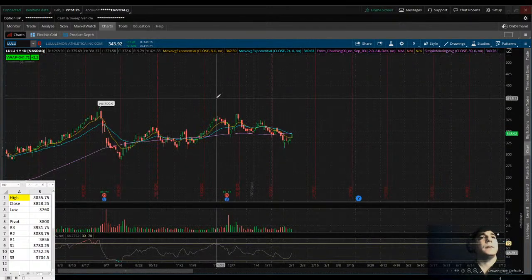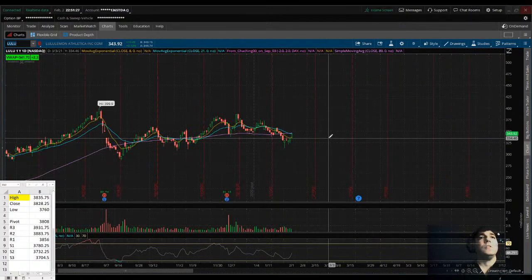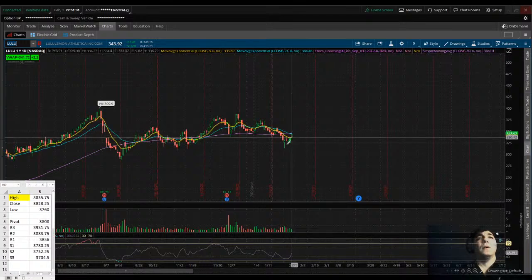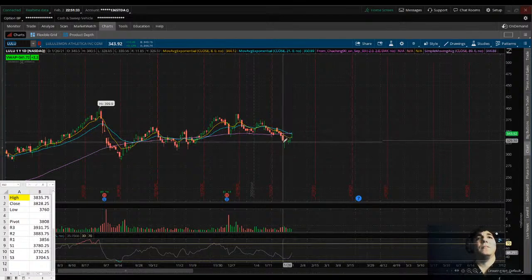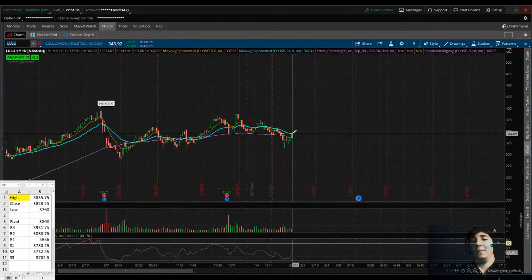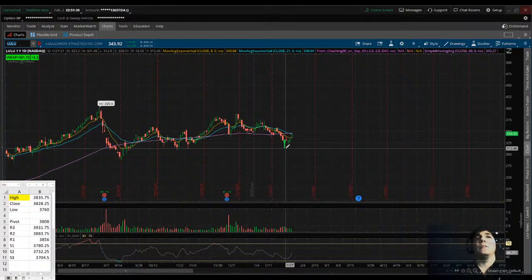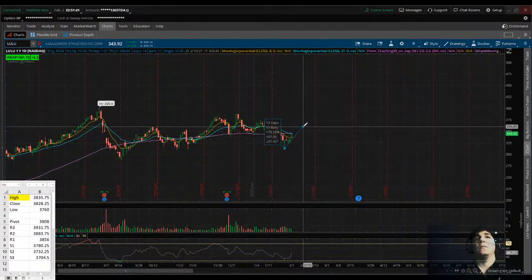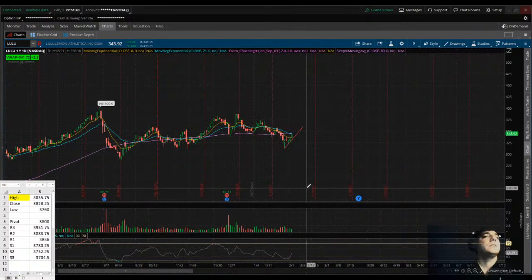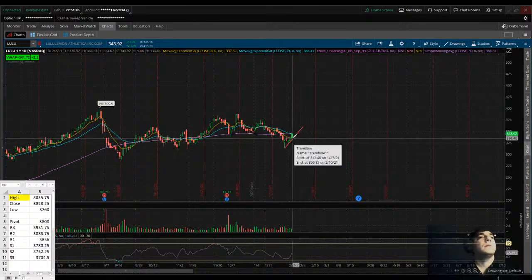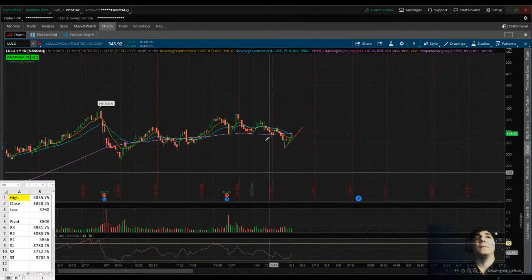All right, what we got here? I like the way that it made this nice little base, and it's coming up here. I think our good old buddy Jason is in this play. It's a nice little sharp trend line base right there.